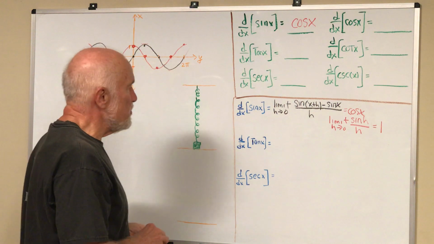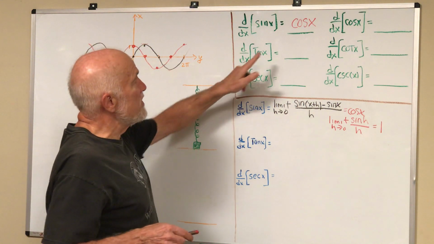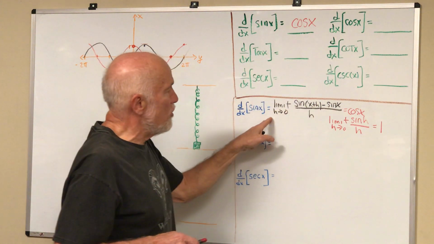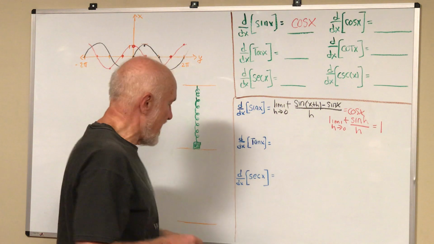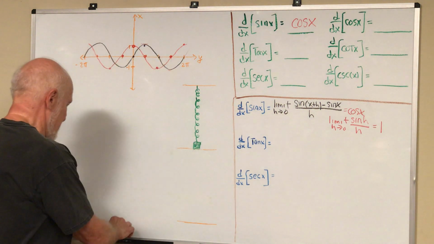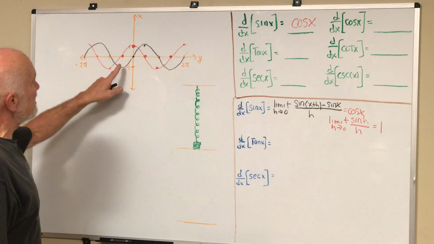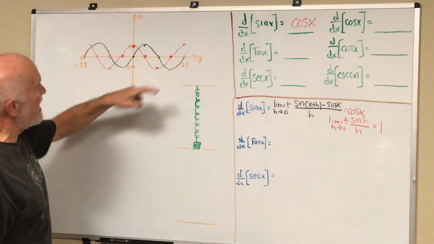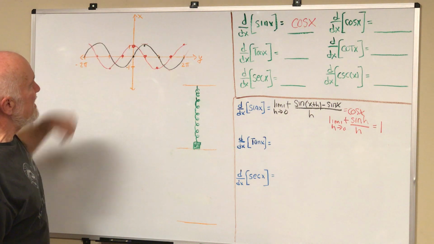Okay, let's see if we can do the same thing with the cosine. Really, the only way to get the derivative of the cosine is to go through this same formula, but put cosine in place of sine. But what we're going to do instead is take a different color, let's pick green, and look at this red cosine function. So what is the slope right here?